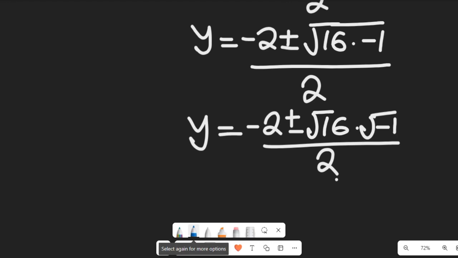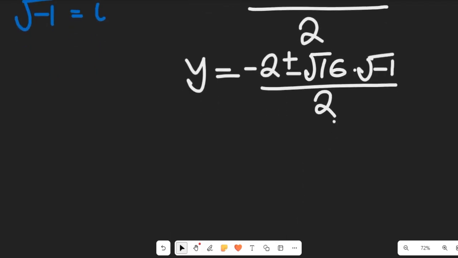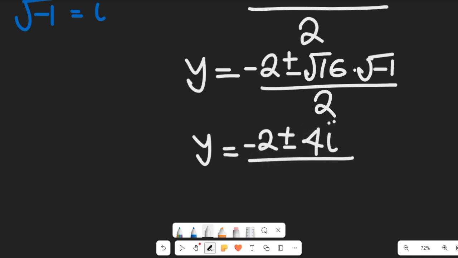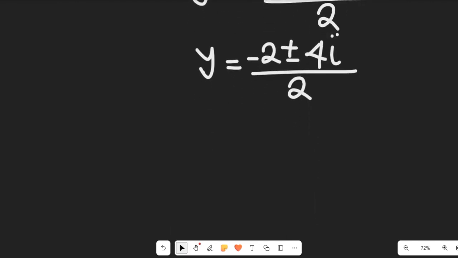Now note that the square root of negative 1 is equal to j, and so y will now be equal to negative 2 plus or minus the square root of 16, which is 4, so 4j, and all of these will be divided by 2. Great. Now we're going to simplify this.